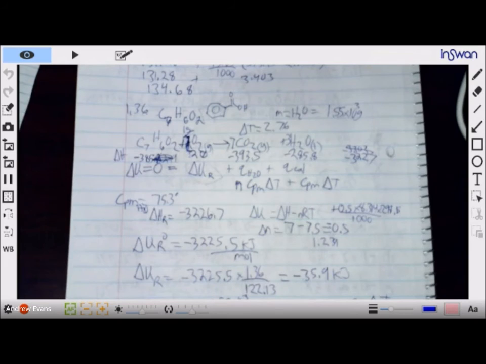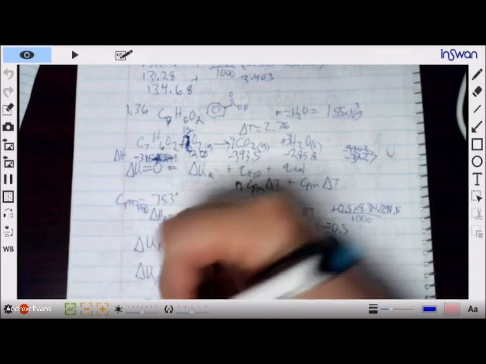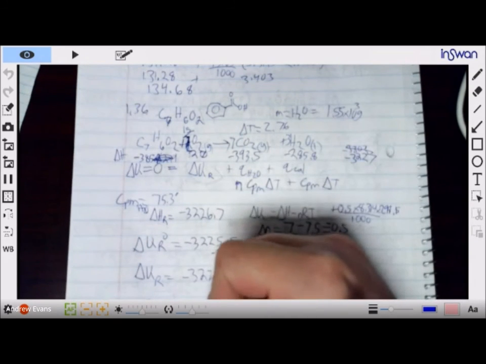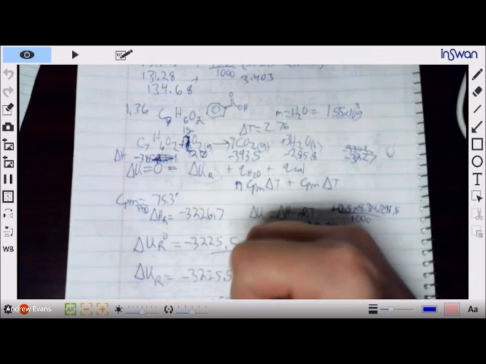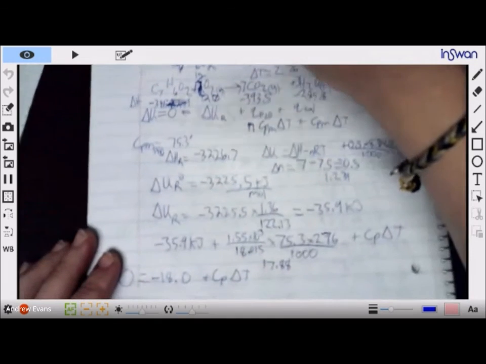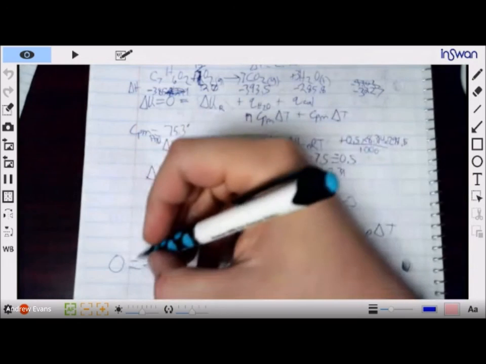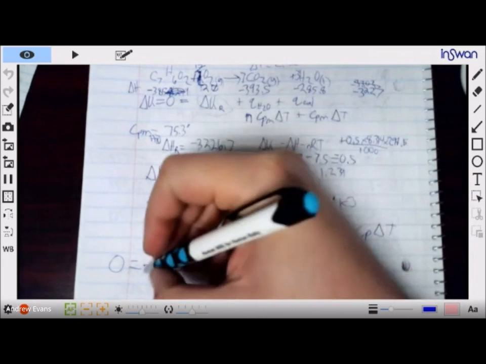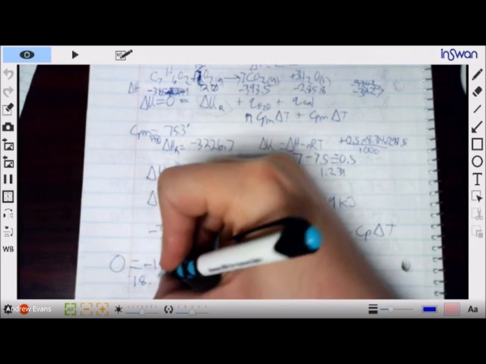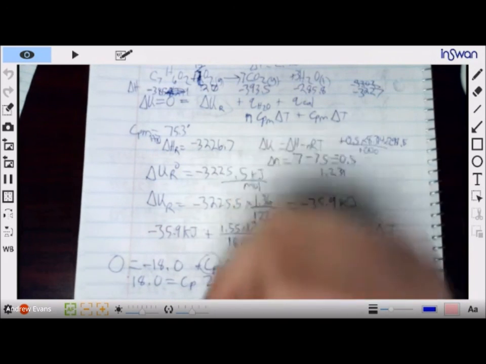So 17.88 plus negative 35.9 gives me negative 18.0, plus the C sub P delta T, and all that's equal to 0. Last step, we need to find the C sub P. We add the 18 to the other side: 18.0 equals C sub P times our 2.76 again.